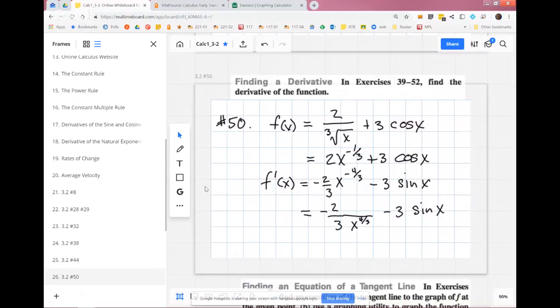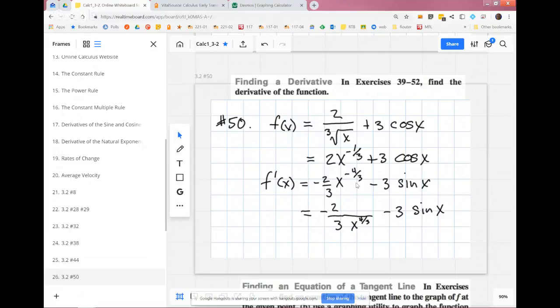So 2 over the cube root of x, we could rewrite that as 2x to the negative 1/3 power. And 3 cosine x, that's fine. Just let it be. Now, what's the derivative? First part, power rule. Negative 1/3 multiplied by 2, negative 2/3. Reduce power by 1. Careful.